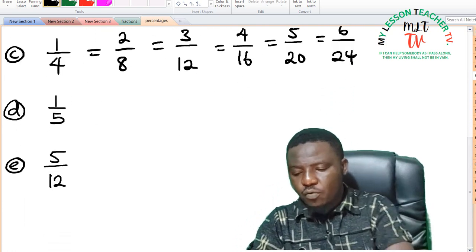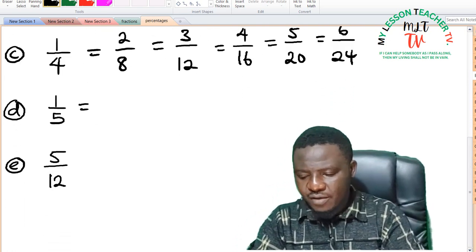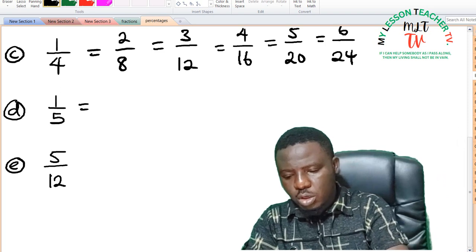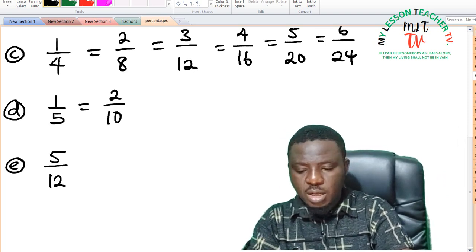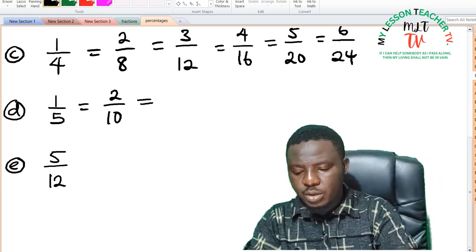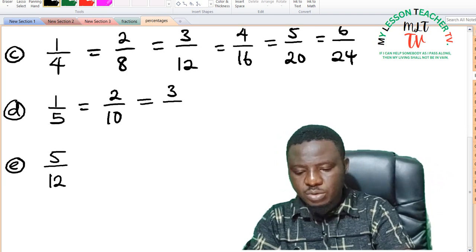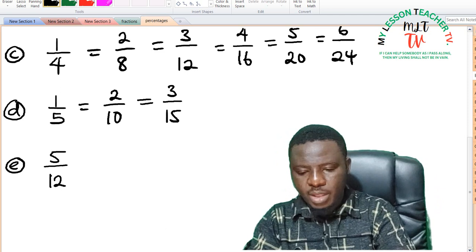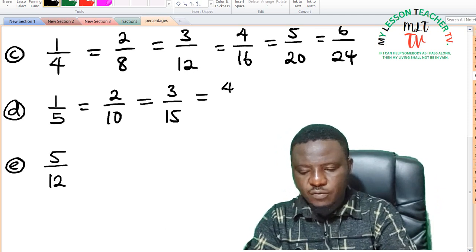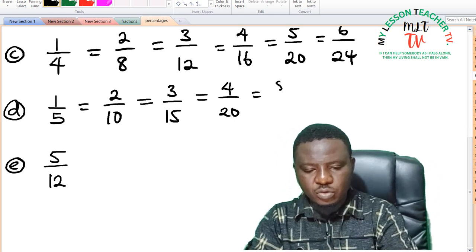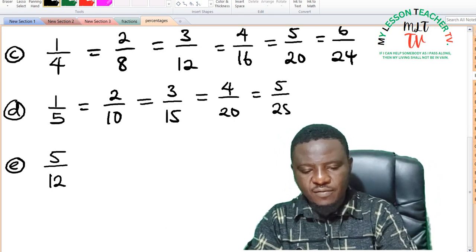D, we have 1 over 5. 1 over 5 is equal to 2 over 10, which is the first equivalent fraction. The second will be you multiply by 3, this becomes 3 over 15. When you multiply by 4, it gives you 4 divided by 20. And you multiply by 5, it's going to be 5 divided by 25.